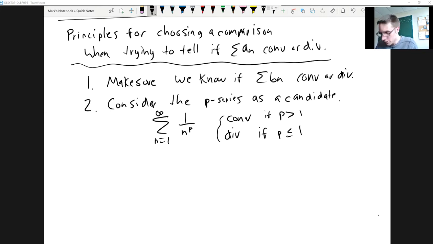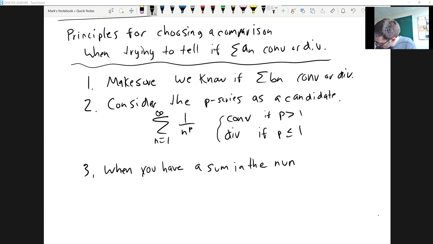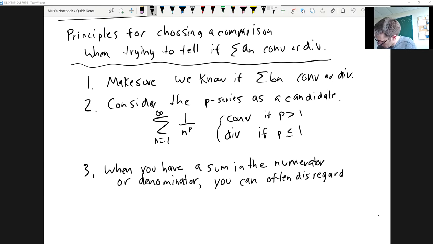All right, so those are two basic principles. Let's get a little more specific. The next principle is when you have a sum in the numerator or denominator, you can often disregard all of the terms except the biggest one.